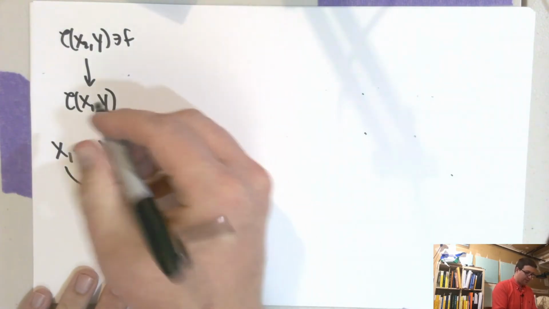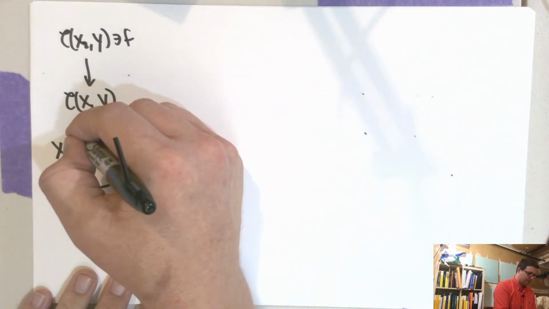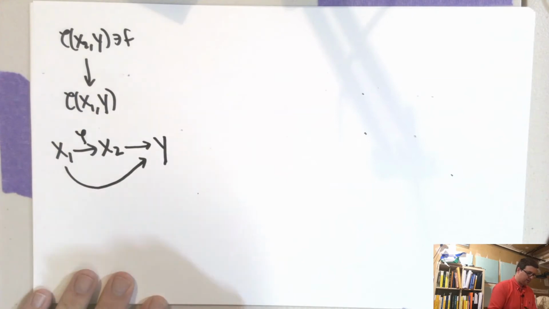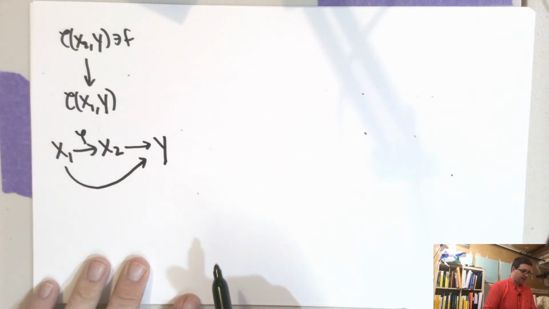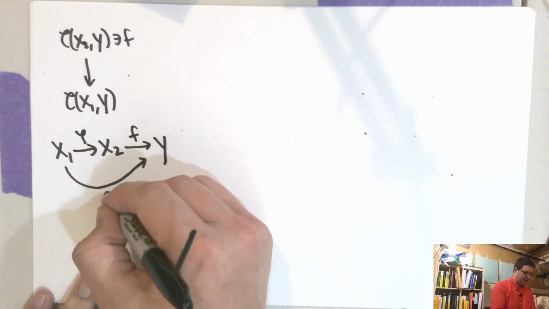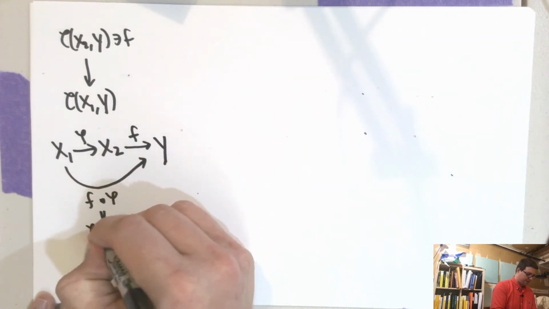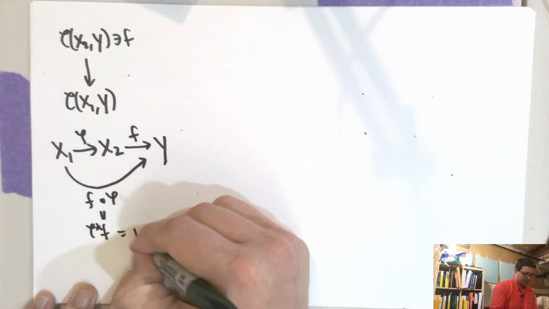This was given here, and this was our map f. Then you just compose the two. So you do phi composed with f, and this is what's called phi star f. And this is the pullback.